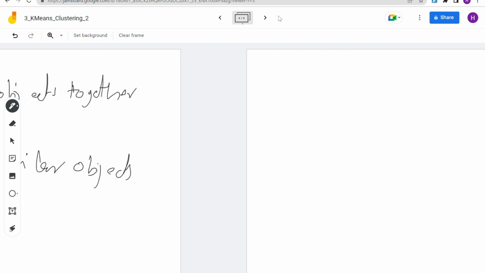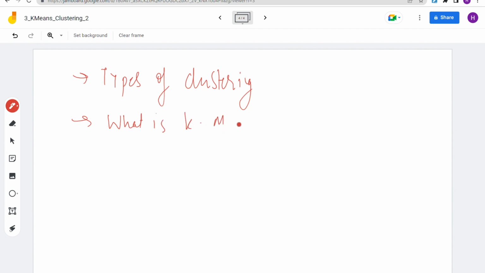Okay, now let's move ahead and look at the topics we'll cover, like types of clustering. We'll look at what k-means clustering is in a deeper look.